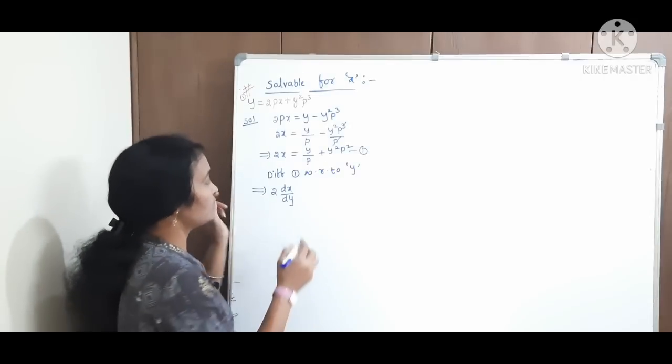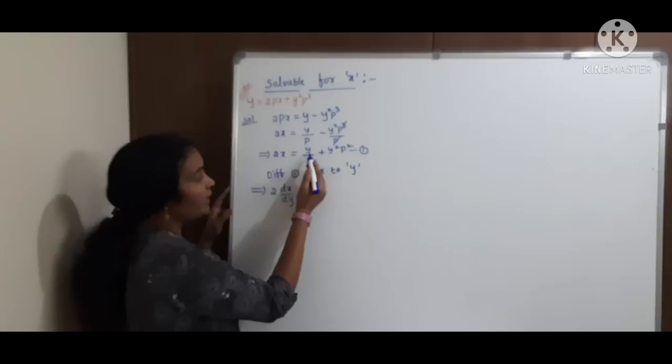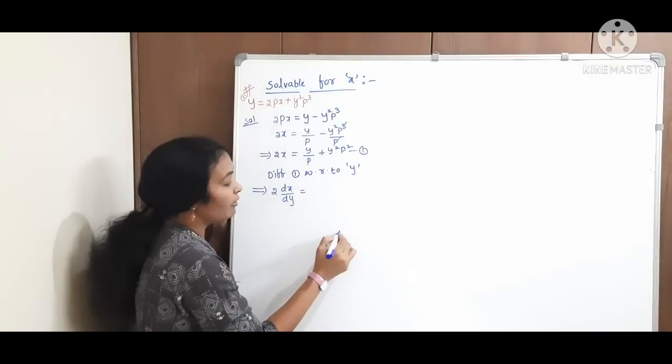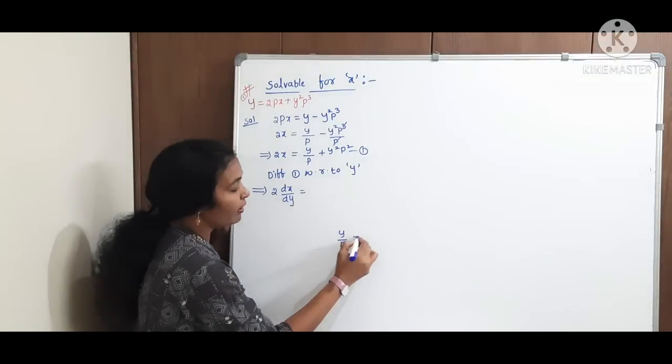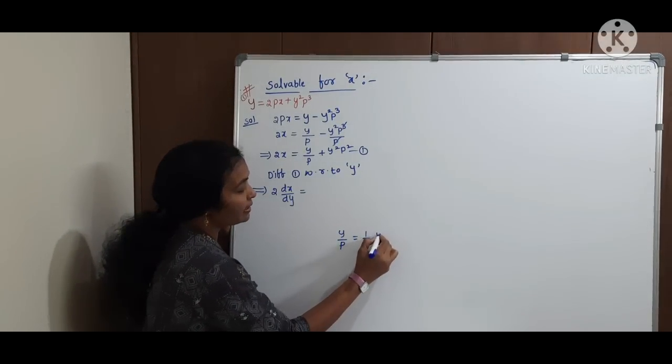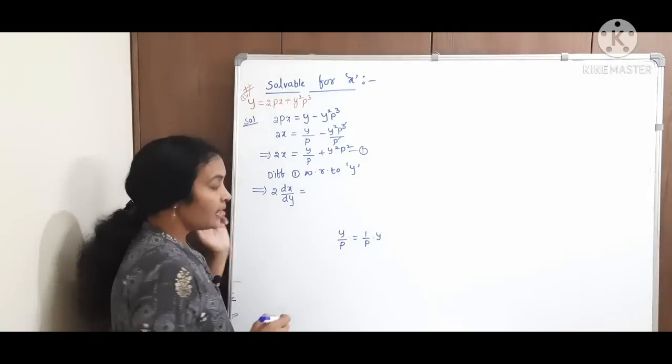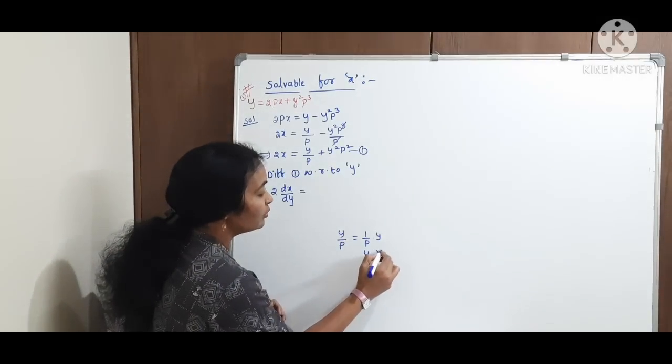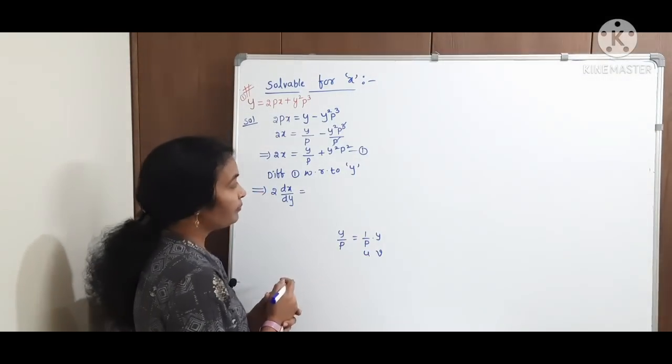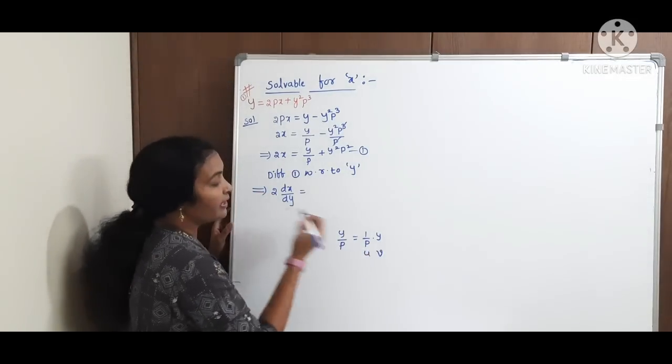ఎందుకని yతో చేస్తున్నాను. లిజన్ కేర్ఫుల్లీ. ఇక్కడ నాకు 2 టర్మ్స్ ఉన్నాయండి y by pలో. ఏంటి? one is 1 by p, another one is y, right? In this case, apply uv. Okay, then uv dash.